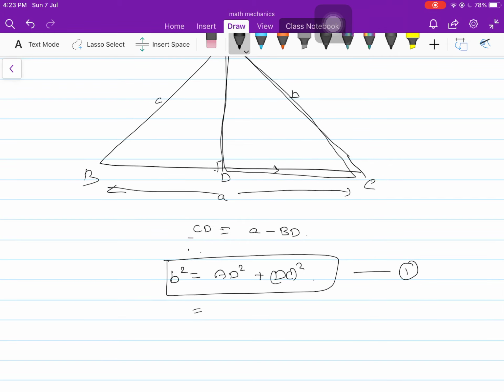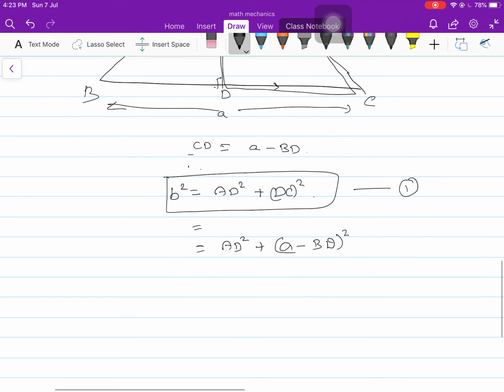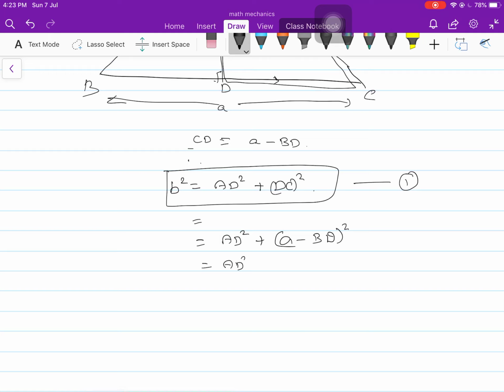Now substitute these sides. So AD square is as it is, AD square. CD is what? A minus BD. Expand this. So AD square plus A square plus BD square minus 2 into the length A into BD.